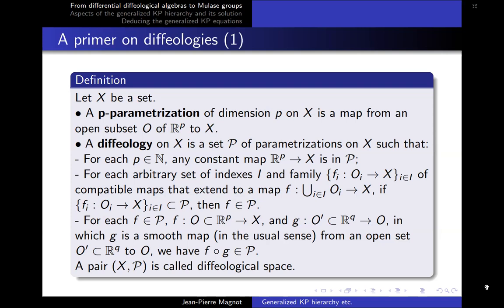This is very natural, and we also need to fit with the classical composition of smooth functions from an open subset of a Euclidean space to another. With this setting, there are many properties of differential geometry that can be proved.